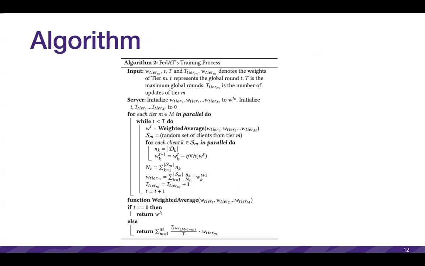And here's the whole algorithm. You can see the advanced objective function is used in the algorithm, and the function weighted average is the proposed cross-tier aggregation rule.